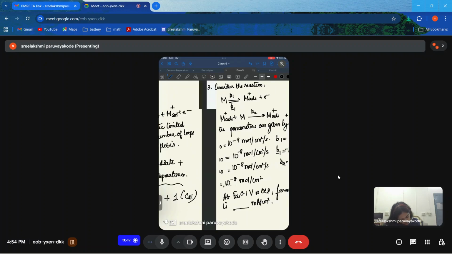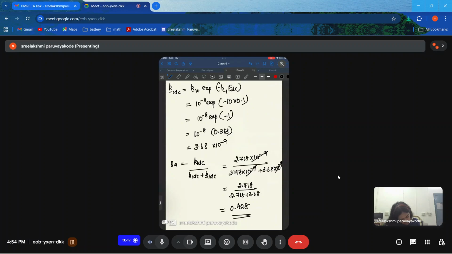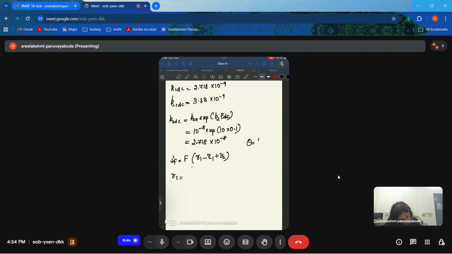So we already know the theta value from the previous question, which is 0.428. Now R1 is equal to K1 DC into 1 minus theta SS, which is 2.718 into 10 to the power minus 9 into 0.572, so the value is 1.163 into 10 to the power minus 9 mole per centimeter square.